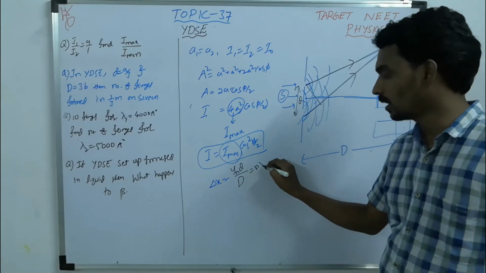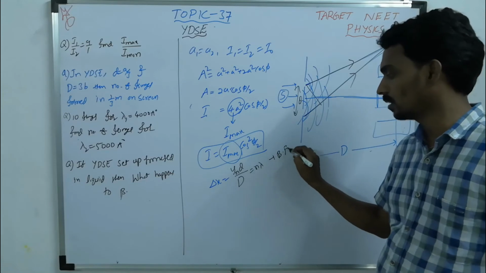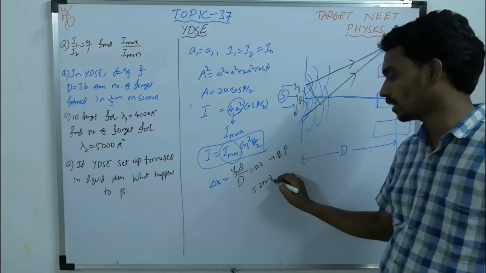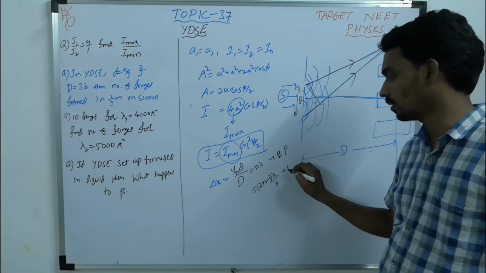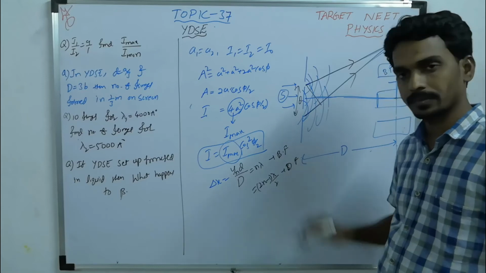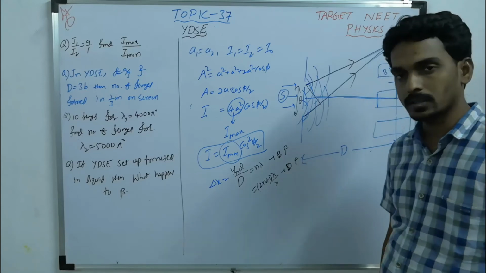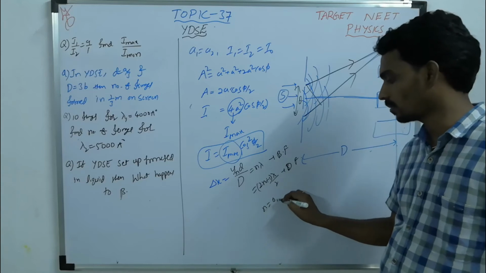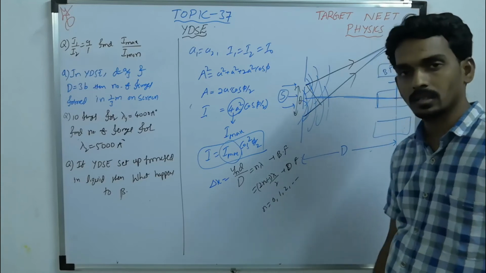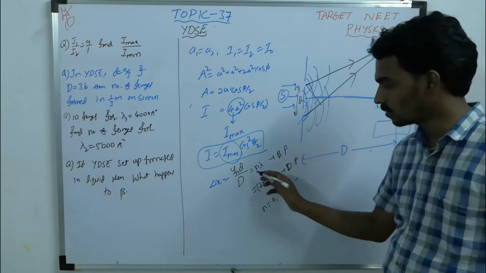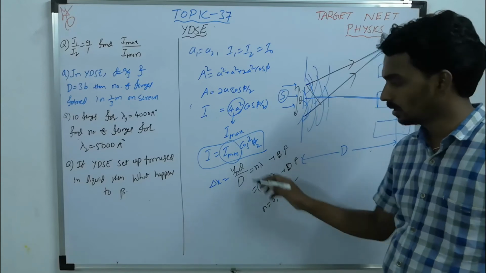If this becomes n lambda, then it is a bright fringe. If this becomes (2n minus 1) lambda by 2, then it becomes a dark fringe. Or you can take it as 2n plus 1, where n starts from 0, 1, 2, 3 and so on. This is the path difference.